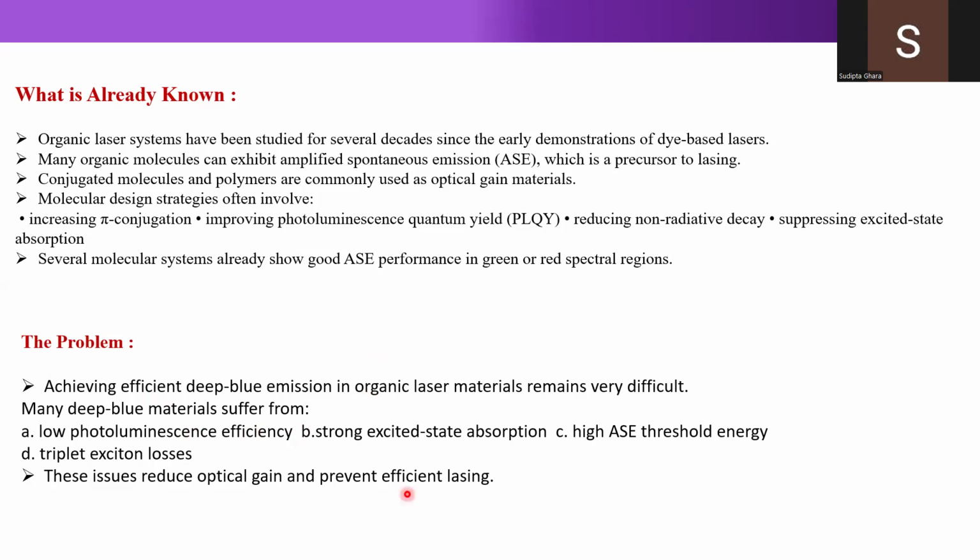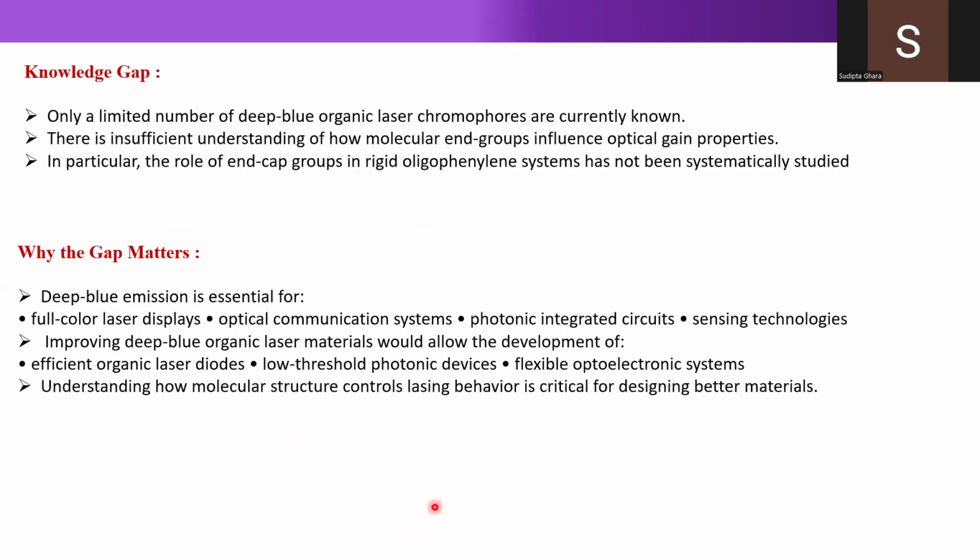So we need to focus on a balance of conjugation length and oscillator strength for these materials, basically TADF type materials. This issue reduces the optical gain and prevents efficient lasing.